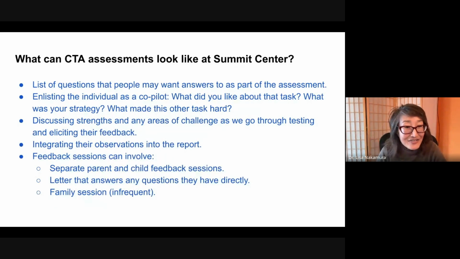And Dr. Finn's model also incorporates, and I've used on occasion, a letter for youth. Usually it's a youth in this case, because it helps answer any questions they have. Sometimes it's not appropriate to share a clinical report with a young person, but they also want to know what happened, right?